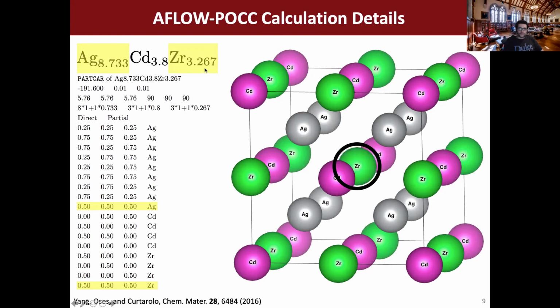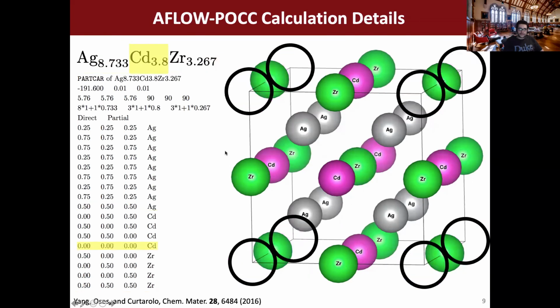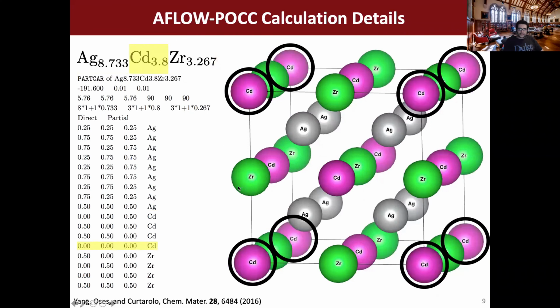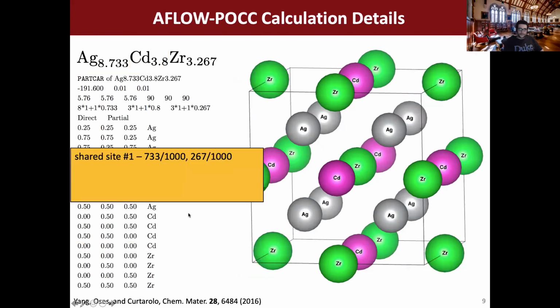Then you have another site which is partially occupied between cadmium and a vacancy, so there's more cadmium than there is vacancy. Just by looking at the numbers of the way that it's partially occupied, you have numbers like 0.733, 0.267, out of 1,000.